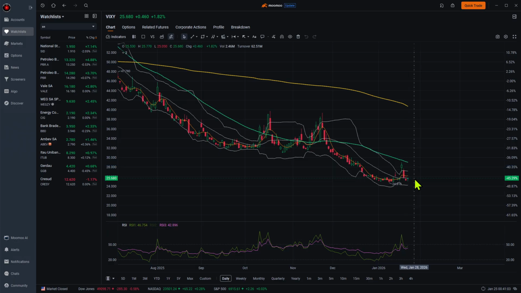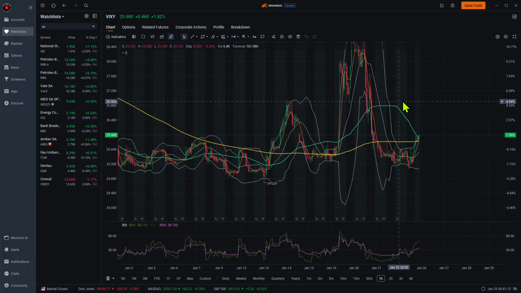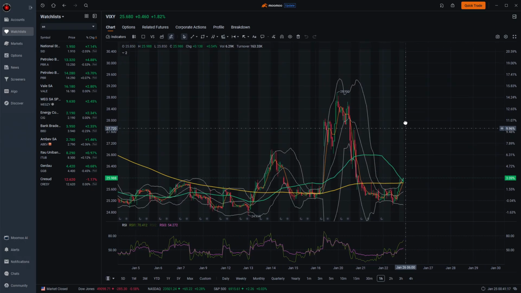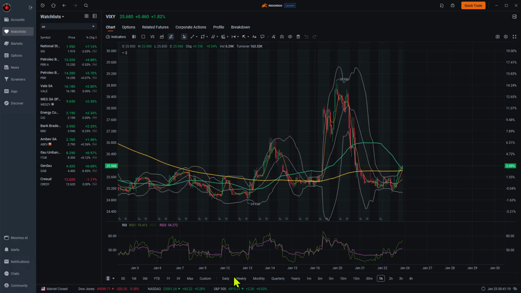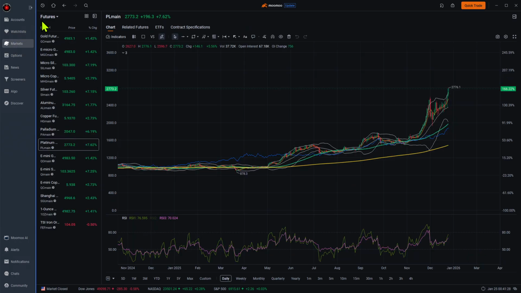You could get a spike, though. Looks like it wants to turn up on the daily, on support. So that looks good. I mean, it looks good to spike. But my problem is on the futures.